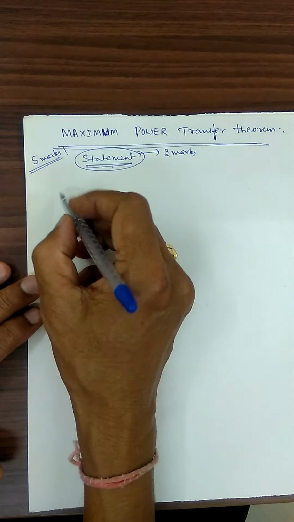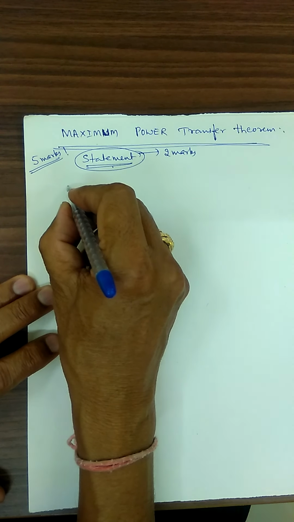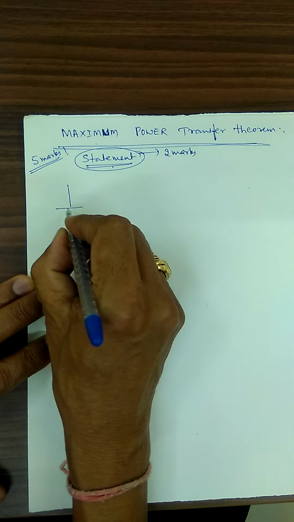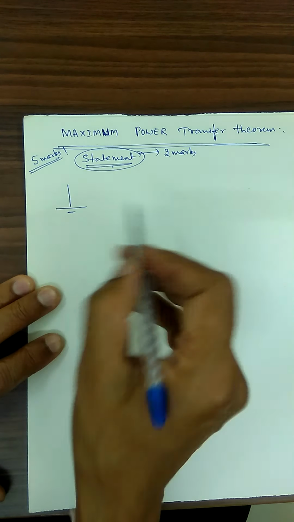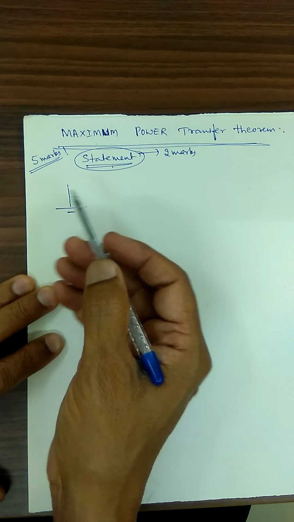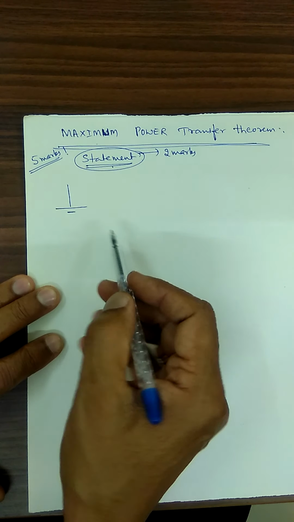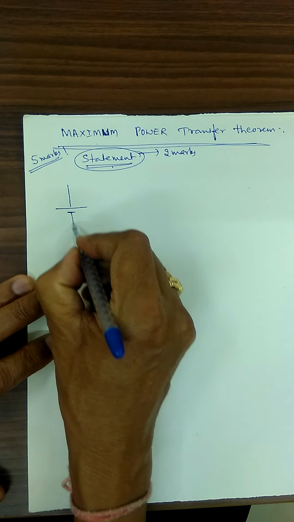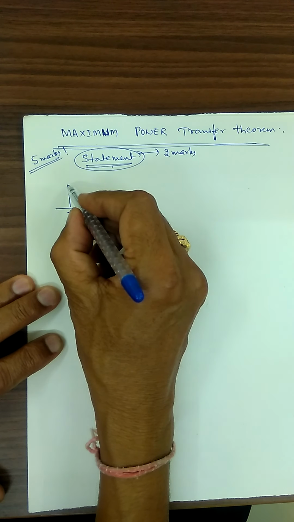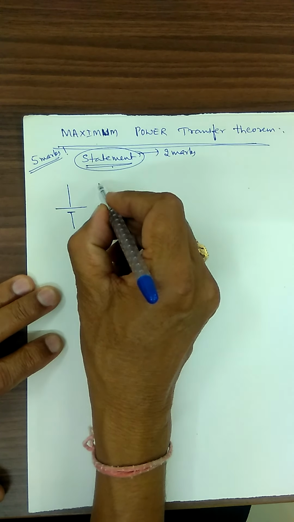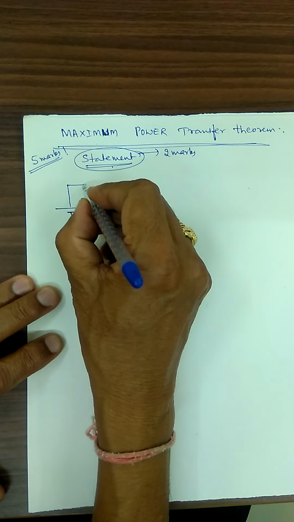So, let us consider one Thevenin's equivalent circuit that I am drawing. A network containing many generators, meaning batteries or EMFs, and many linear impedances or resistances, all those things have been removed and replaced with only one impedance here, and one load resistance here.